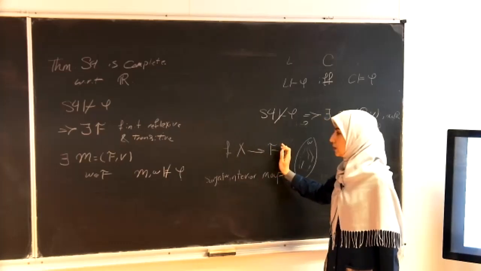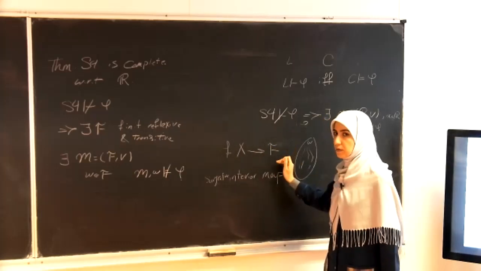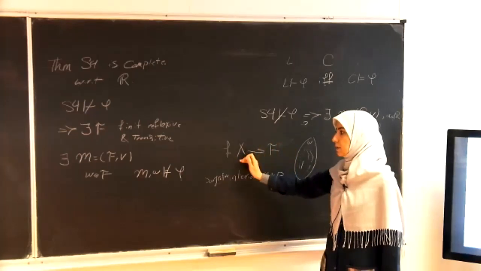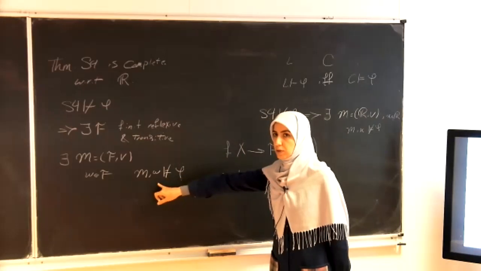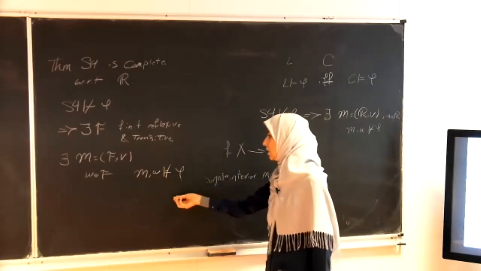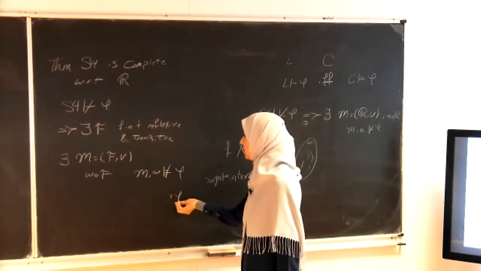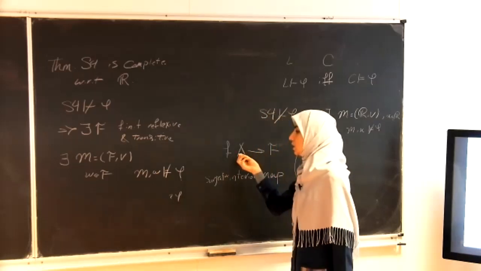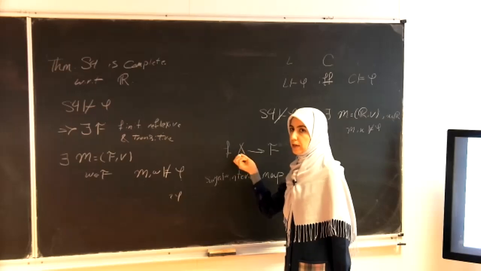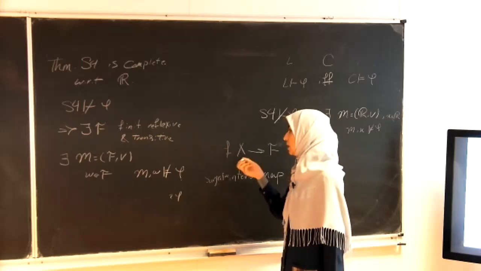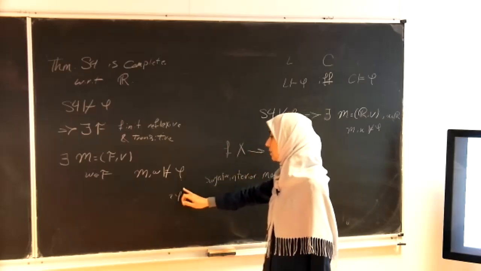Or in other words, if some formula is satisfiable here, then it's satisfiable here. So if phi is not true at this point, the negation of phi is satisfiable in F, so we can find a model based on X which refutes phi.